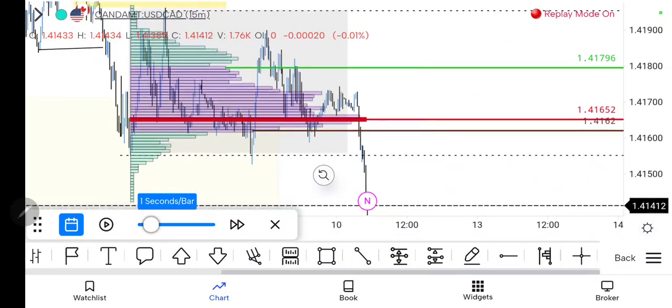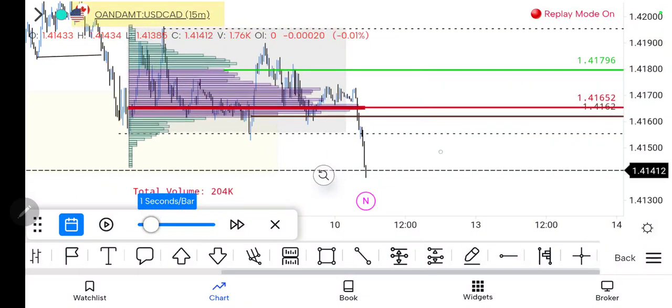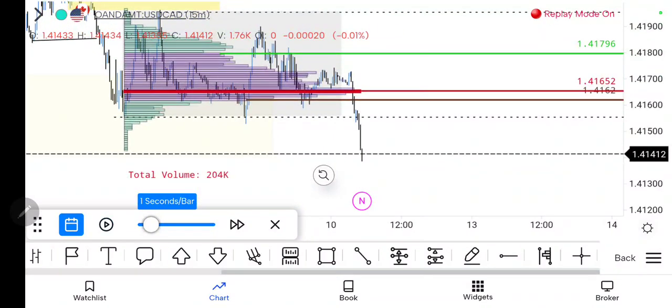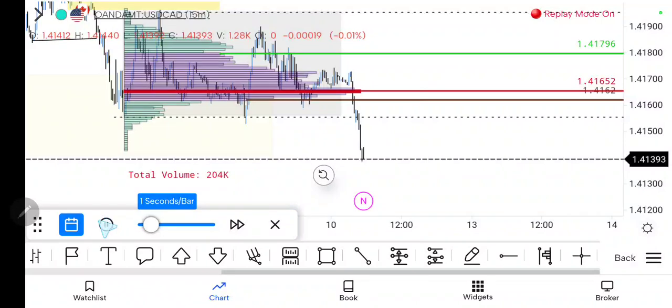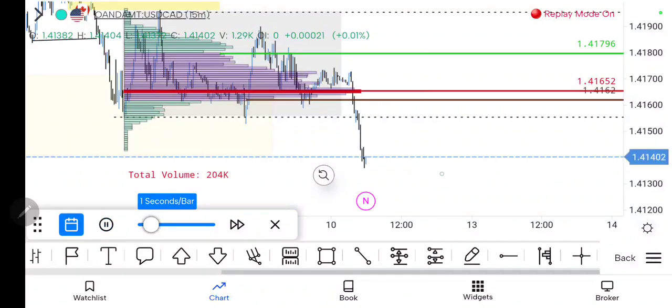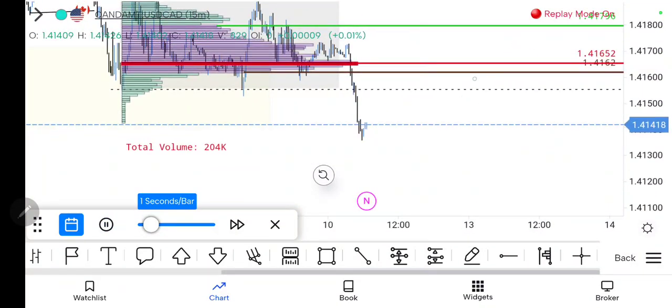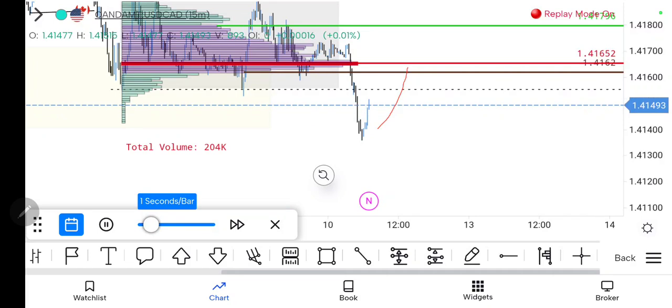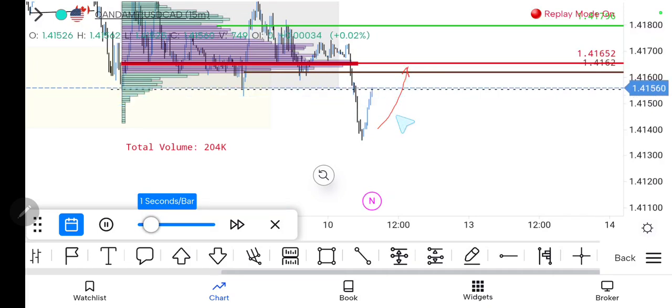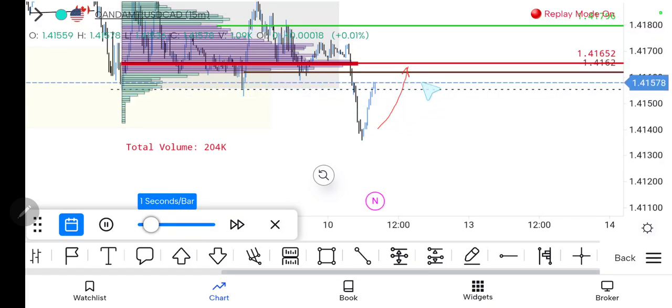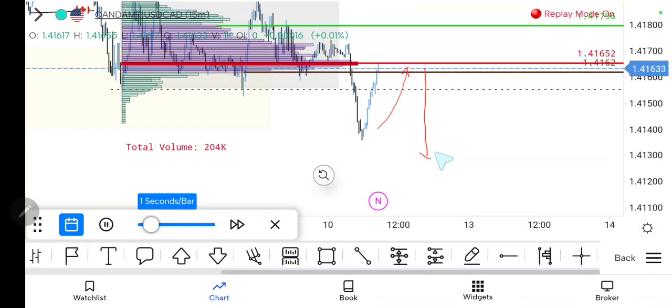So we are going to play price and see what happens next. We are waiting for price to retrace back into this POC, or point of control, and then we take a trade.